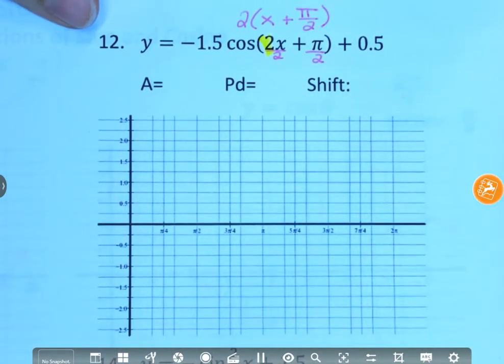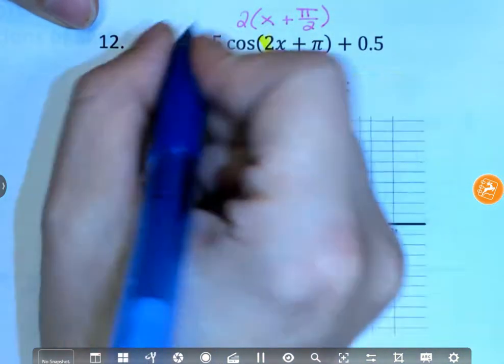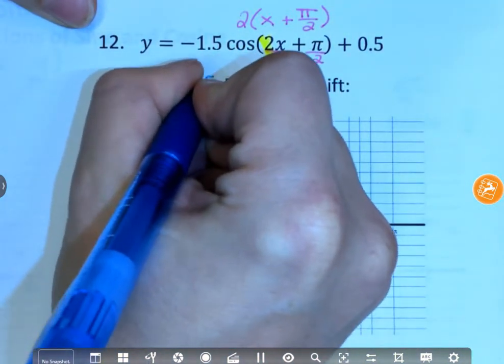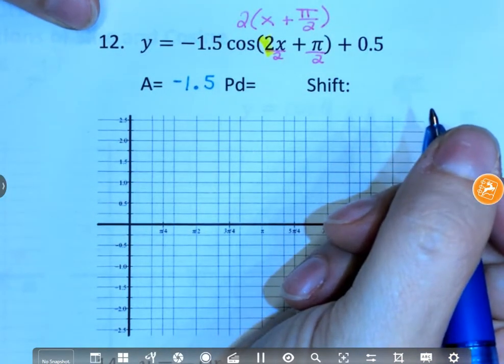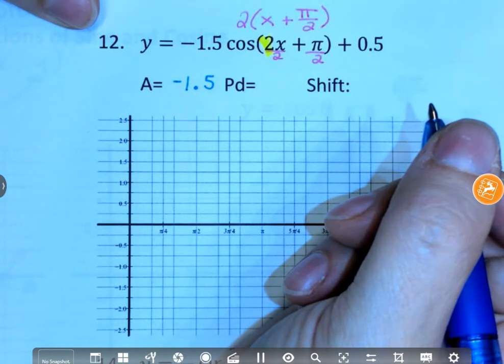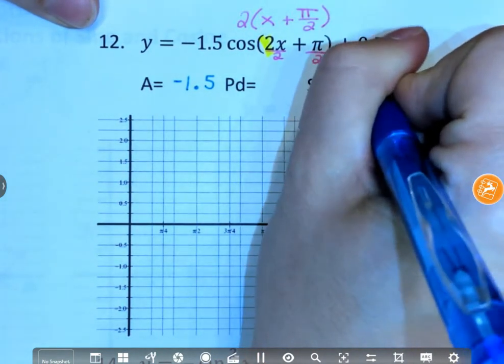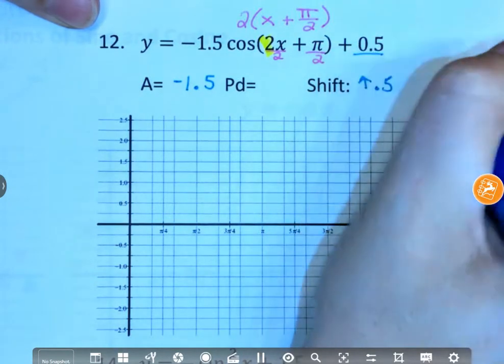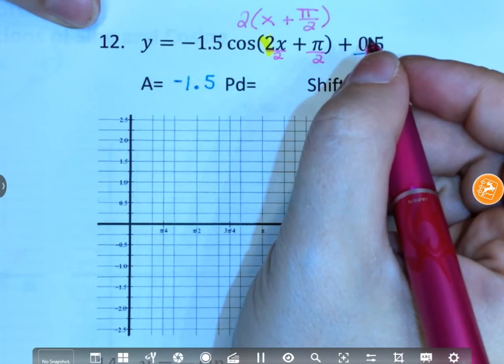With that done, what is my amplitude? Negative 1.5. My other vertical thing. What is my vertical shift? I'm going to be moving up 0.5. What is my period going to be?